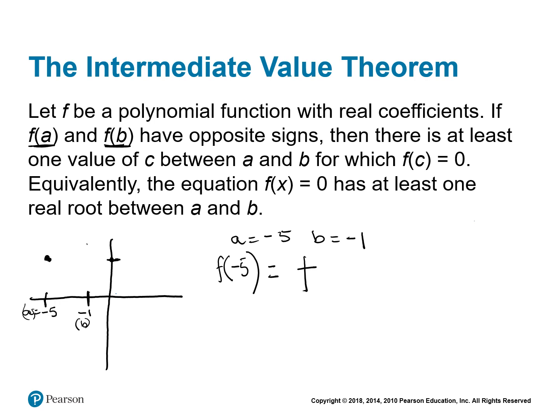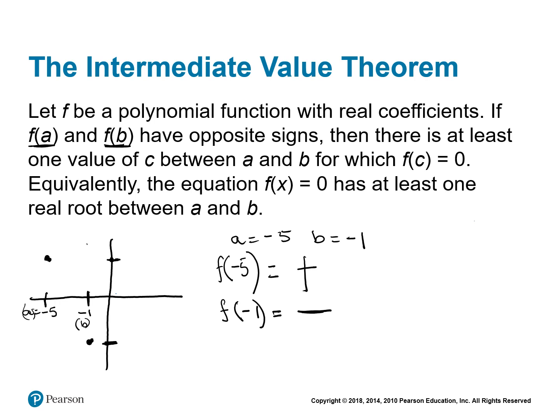Then we take b, which in our case is -1, we input it into the function, and let's say we get a resulting y value from it which is negative. So I'm going to find a point on the negative y axis, and let's say our point is the y value at -1.